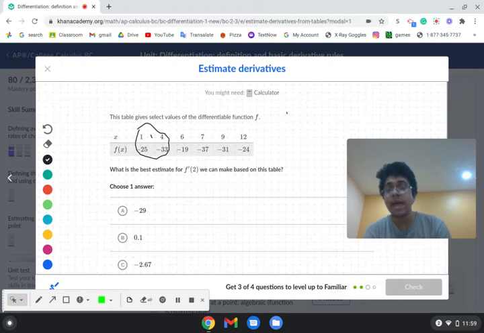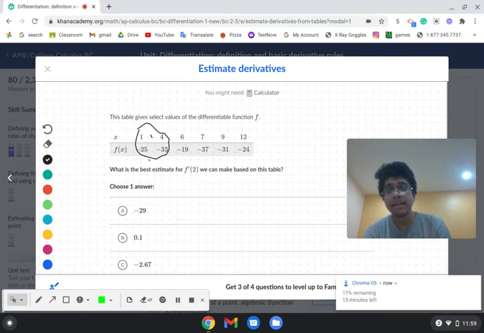So we would do f of 4 minus f of 1 all over 4 minus 1. So f of 4, negative 33, minus f of 1, negative 25.